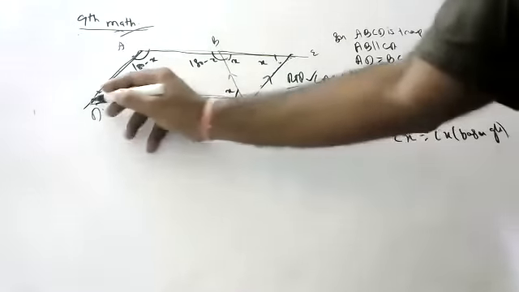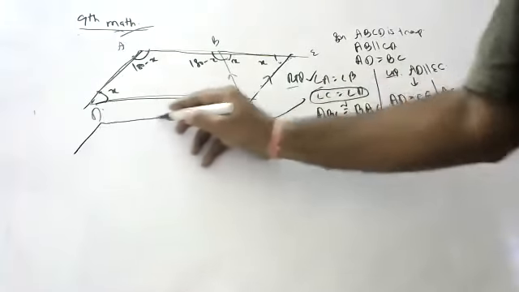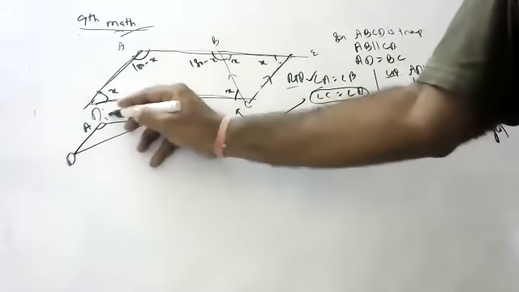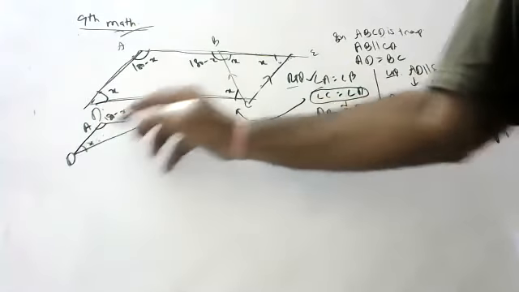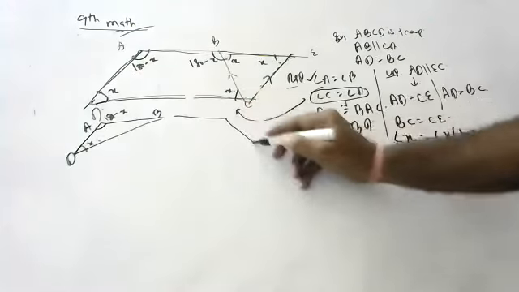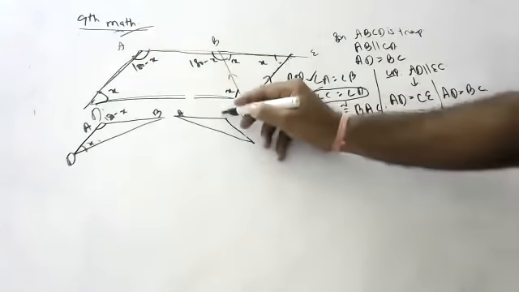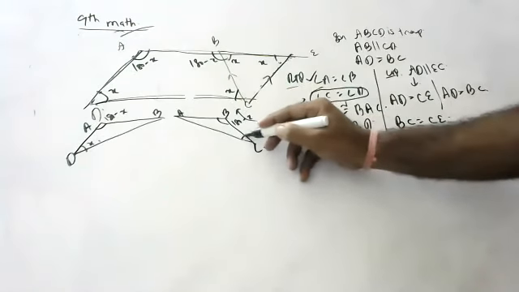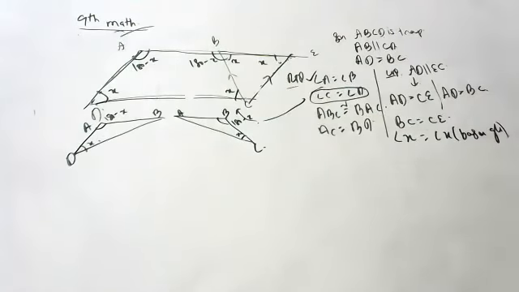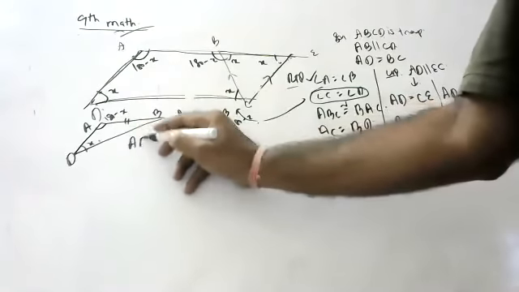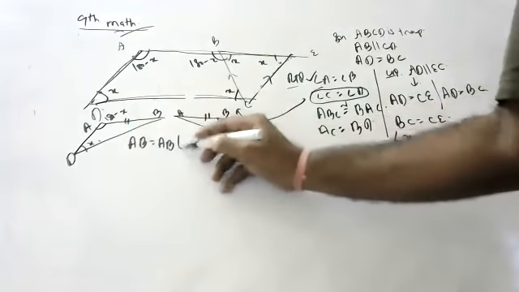Now, children, here there is one triangle. What is the name of this triangle? ADB. This is 180 minus x, this is x. Another triangle is there. What is the other triangle? ABC. This is also 180 minus x, and this is x. These both are congruent. Why? AB is equal to AB, common side.